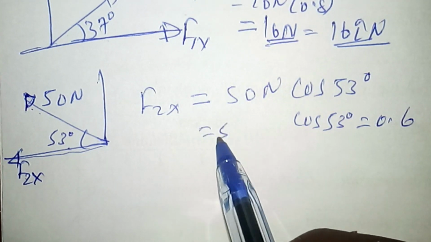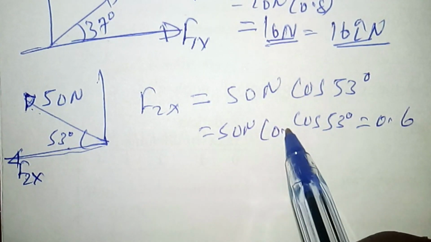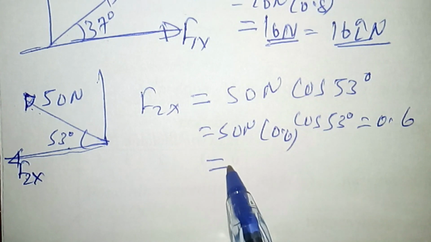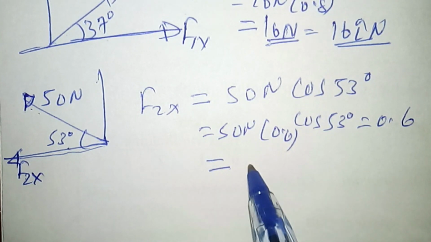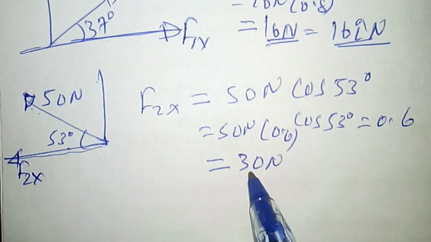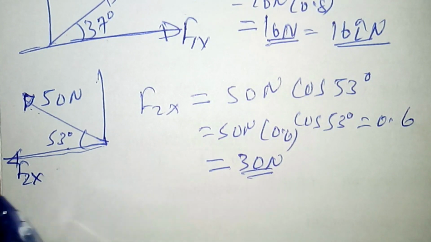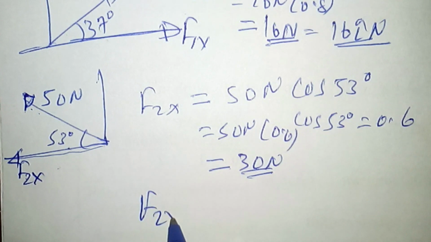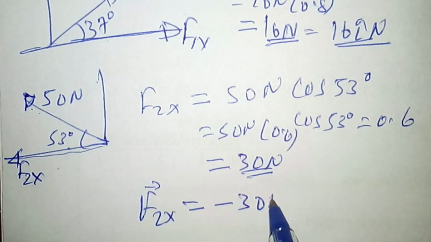So this is equal to 50 Newton times 0.6, which is exactly 30 Newton. So since it is on the left, that means along the direction of the negative x-axis, F2x is equal to negative 30 Newton i.